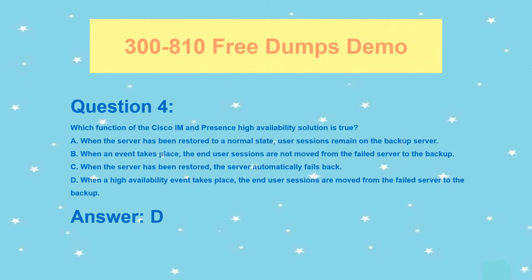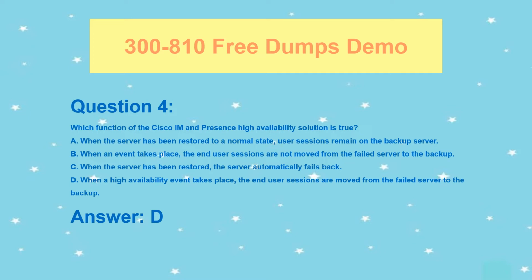Question 4. Which function of the Cisco IM and Presence High Availability solution is true? A. When the server has been restored to a normal state, user sessions remain on the backup server. B. When an event takes place, the end-user sessions are not moved from the failed server to the backup.